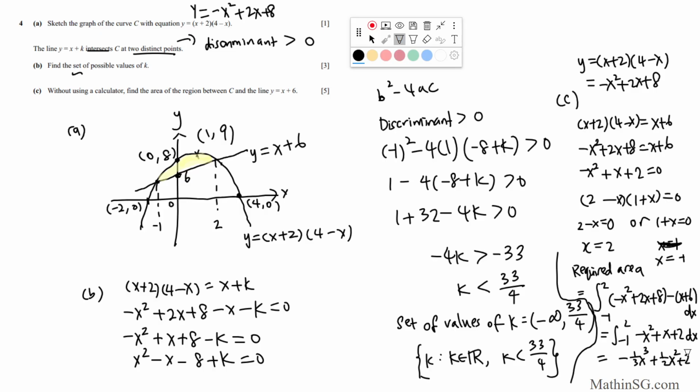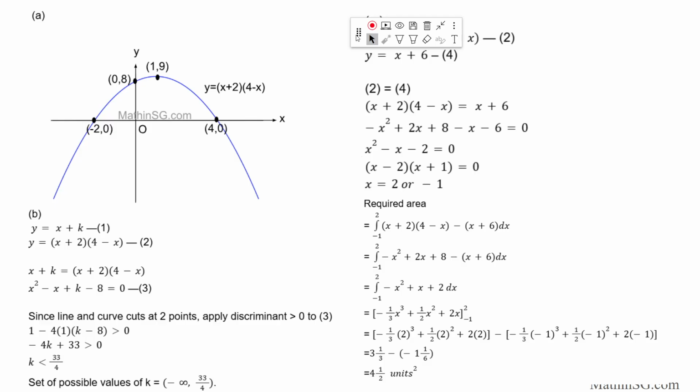Integrating 2 will give me 2x, and I need to do it from minus 1 to 2. So you sub in 2 into this and find the answer, then minus, sub in minus 1 and find the answer. After you sub in, you should get 4.5 units square. I've also shown the full working here.